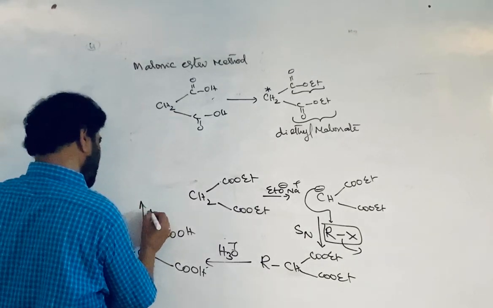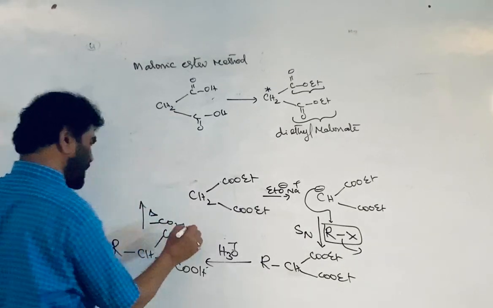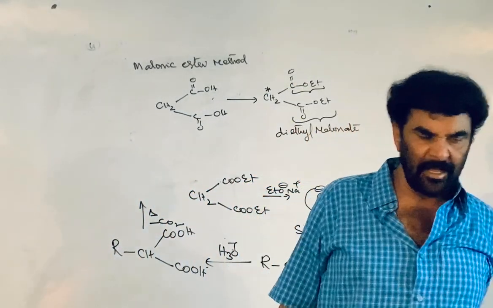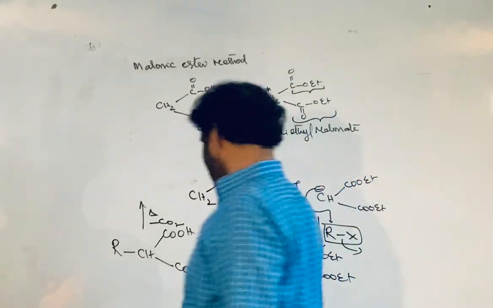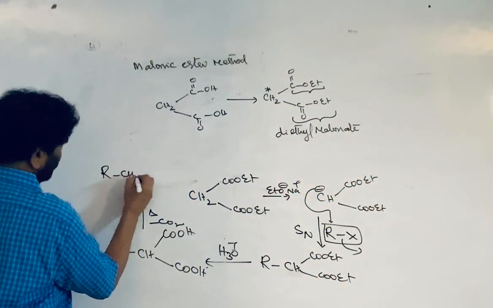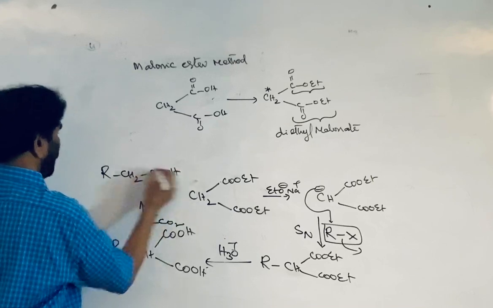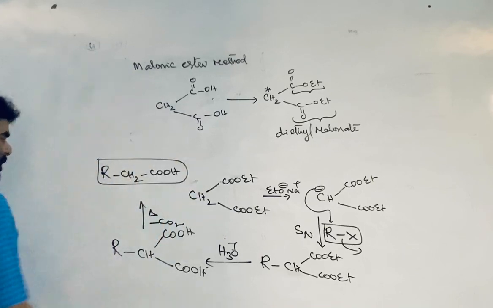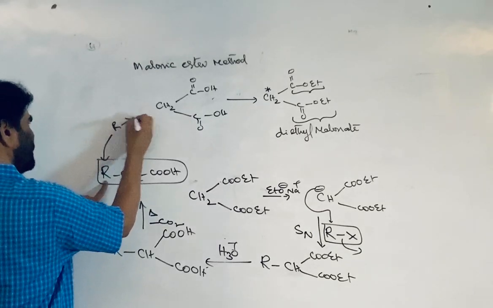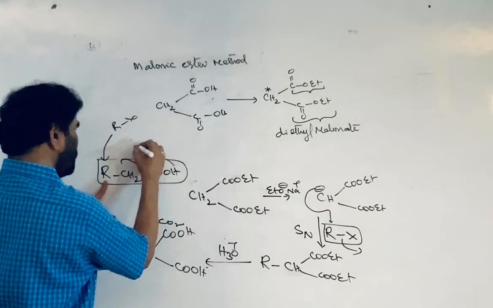On heating, these two lose carbon dioxide, that is, decarboxylation takes place, and CH2COOH is formed. This is the R from the alkyl halide, right? These two come from the malonic ester.